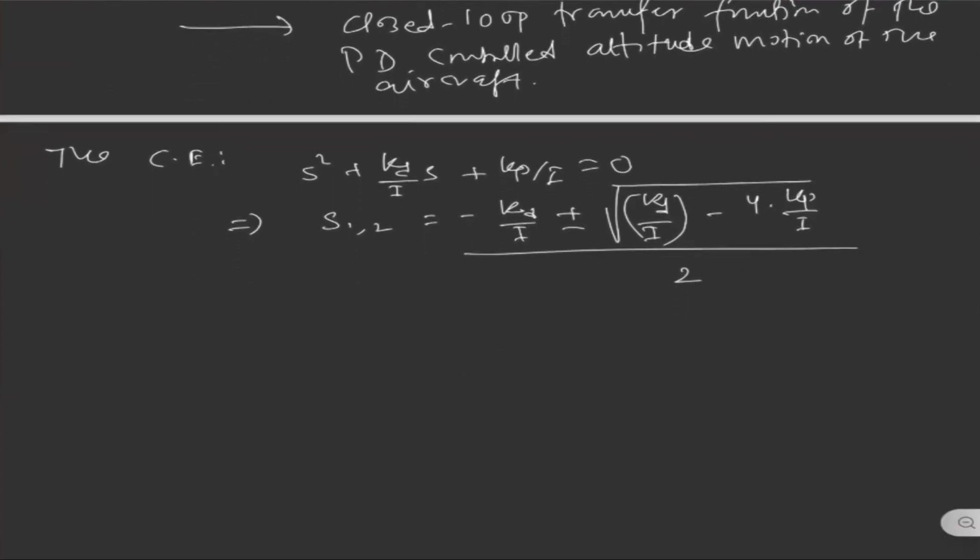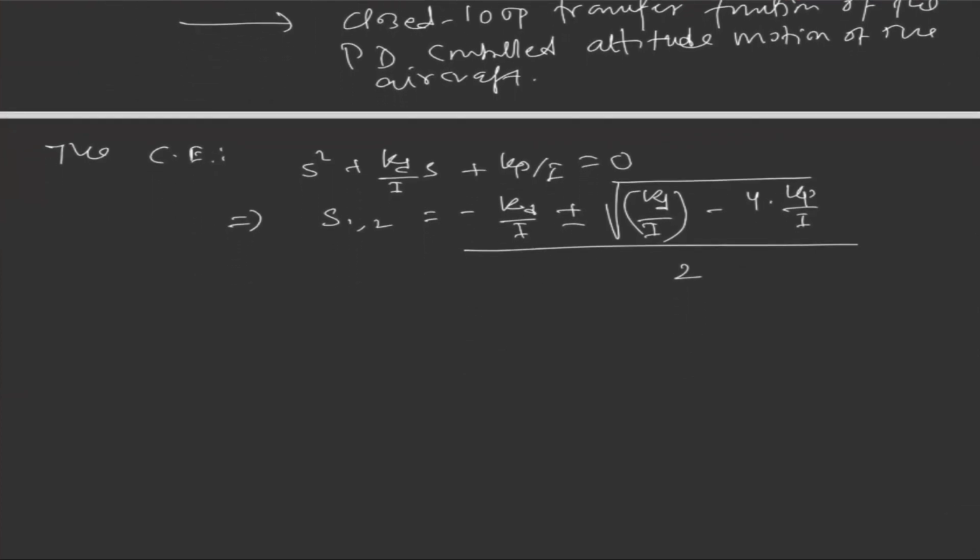Now if you see these pole locations in the s domain, there are two poles somewhere here. Based on the values, even if this part comes out to be imaginary, somewhere maybe here or here, the real part is negative.